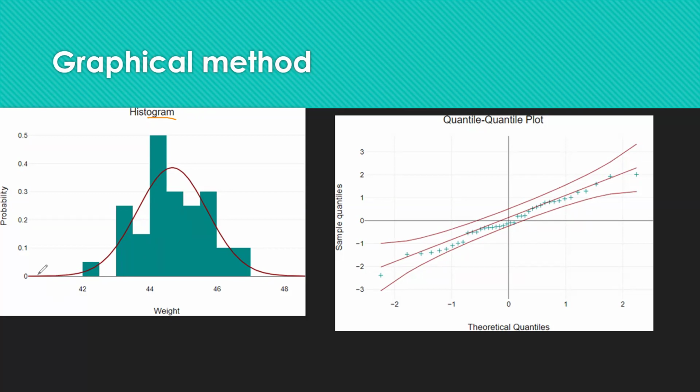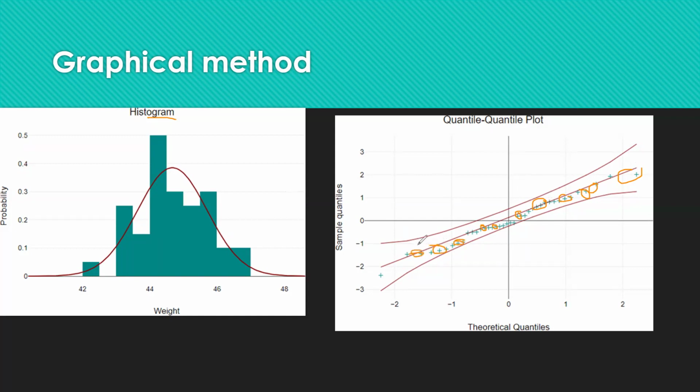Look at it here. This is a bell-shaped histogram. You can see it here. This is the histogram, and when you draw this, you have a bell-shaped histogram. So that indicates that the data is normally distributed. But in the case of quantile plots, all these dots must be aligned along a single line. So when you have something like this, it indicates that the data is normally distributed.